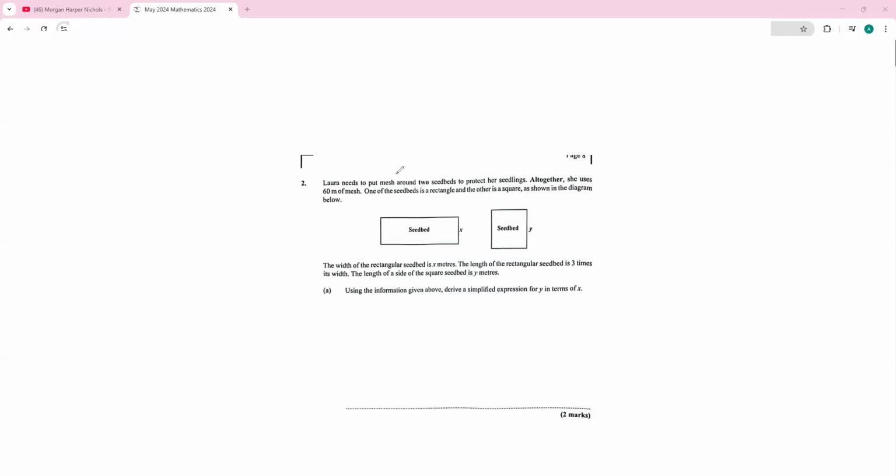Laura needs to put mesh around 2 seed beds to protect her seedlings. Altogether she uses 60 meters of mesh. One of the seed beds forms a rectangle and the other forms a square as shown below.